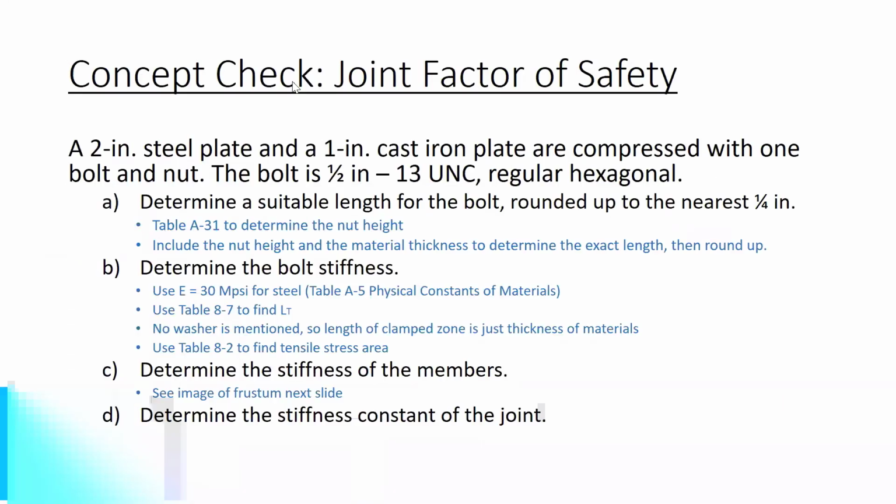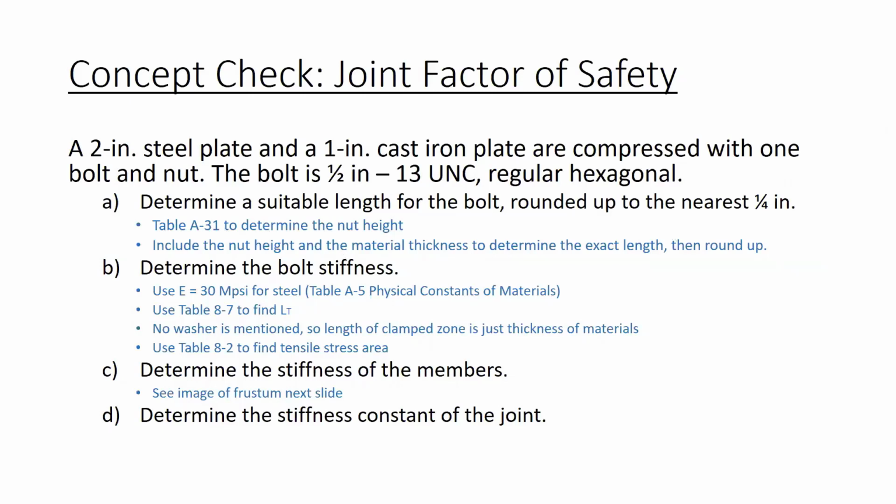So that brings us to our concept check, joint factor of safety. This is what you'll be doing for the quiz. It's going to tie everything together, and I think is going to take you a minute. A 2-inch steel plate and a 1-inch cast iron plate are compressed with 1 bolt and nut. The bolt is 1/2 inch, 13 UNC, regular hexagonal. So A, you're going to determine a suitable length for the bolt, round it up to the nearest 1/4 inch.